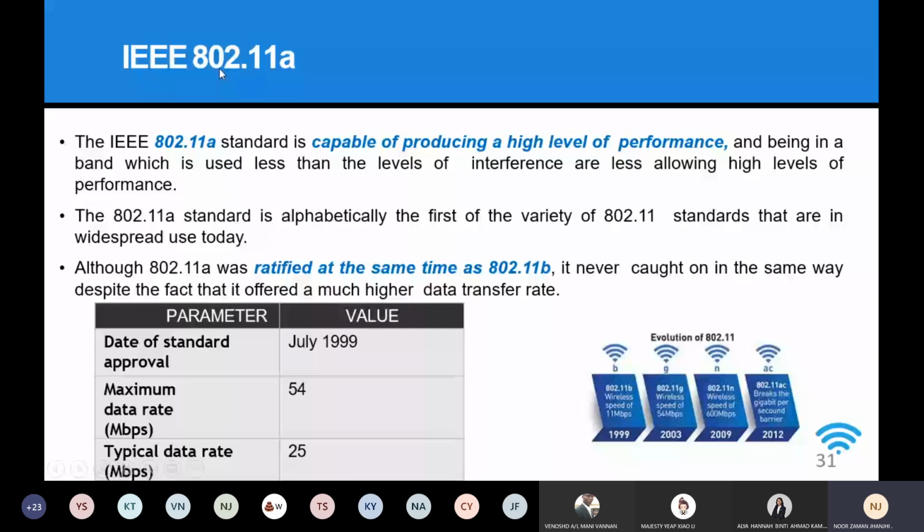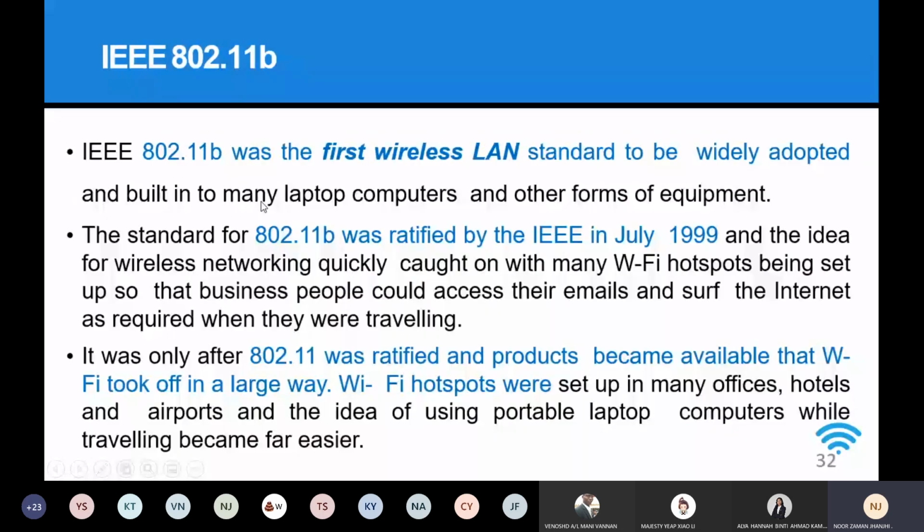We know about 11a, how much it can go, and how much 11b can go. Now this is describing the 11b. The 11b is more advanced than the previous one. And it was only after 802.11b was ratified and products became available that Wi-Fi took off in a large way.